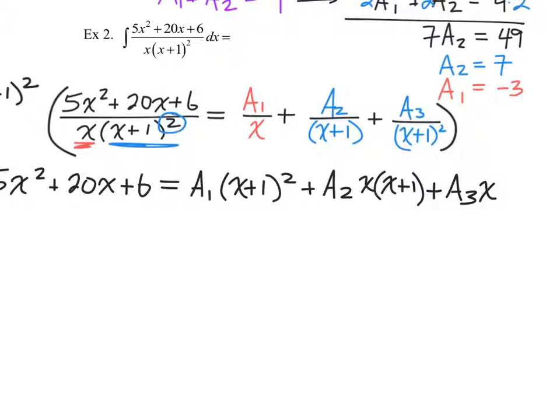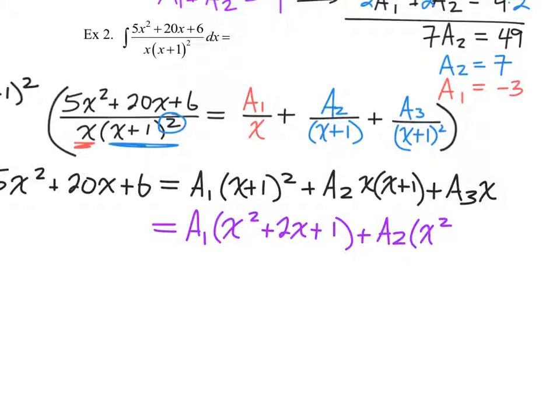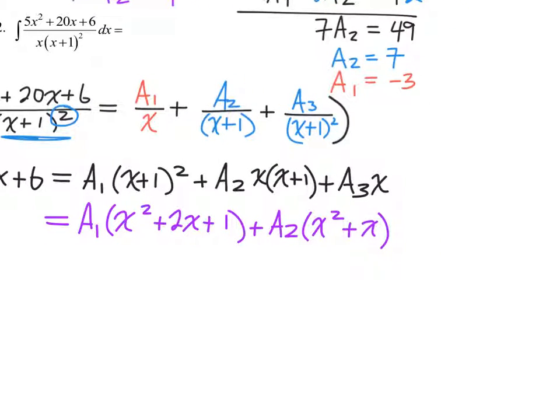All right. The unfortunate aspect of this is that we have to distribute it all out. You can still try a little guess and check, but it goes sideways very quickly if you're not careful. So a sub 1 times x squared plus 2x plus 1. I'll distribute that in a sec. Plus a sub 2 times x squared plus x, and then a sub 3 stays as is.